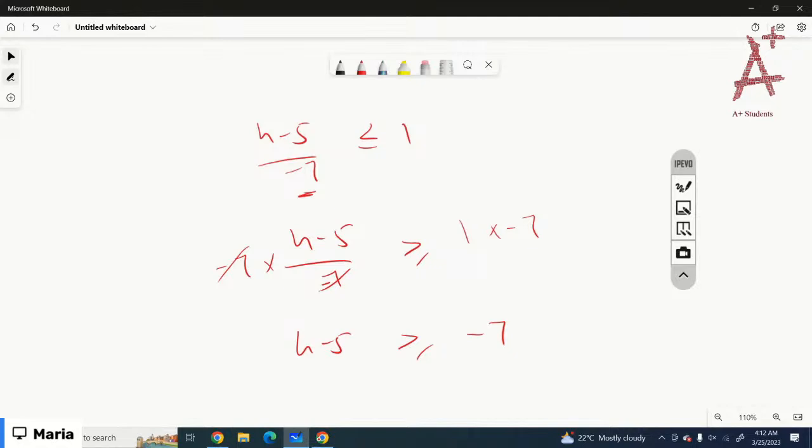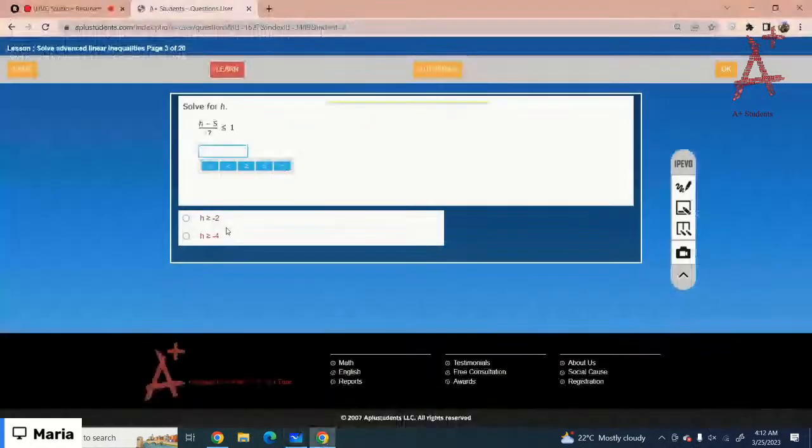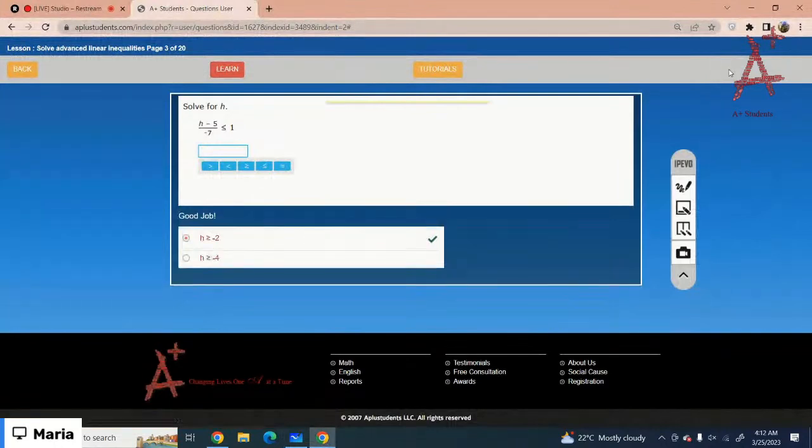Move negative 5 to the other side, it will be then added. So negative 7 plus 5 is, h is greater than or equal to negative 2. First option is the correct option. Got it?